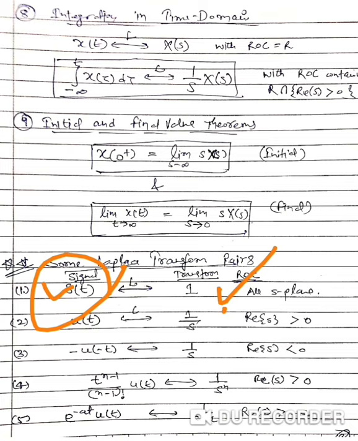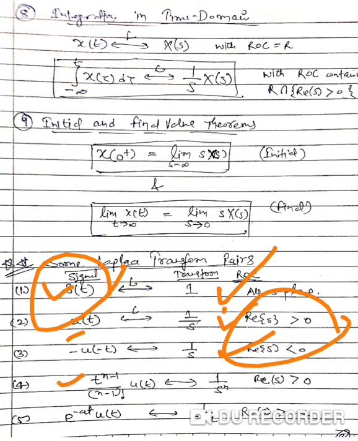For a unit signal u(t), the Laplace transform will be 1 upon s, and the inverse transform of 1 upon s will come out to be u(t), that is the unit signal. Third, the Laplace transform of signal minus u(minus t), that is a left-handed signal, will come out to be 1 upon s only, but the region of convergence will be different for both these functions.